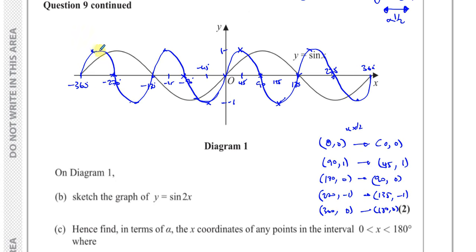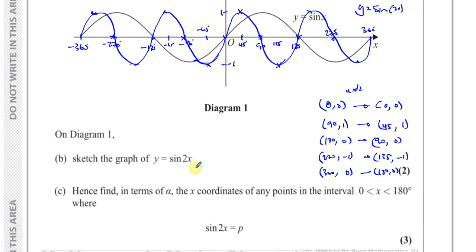I haven't drawn it exactly perfectly, but that's okay. Okay, so that's the sketch of y equals sine of 2x now. Okay, the blue line. All right, so there we have part B. Everything is basically squashed. So the normal pattern that it repeats is now not every 360, it's every 180. Okay, that's sine of 2x.